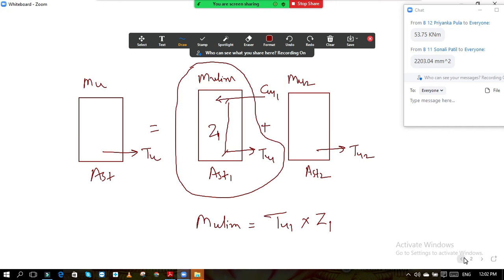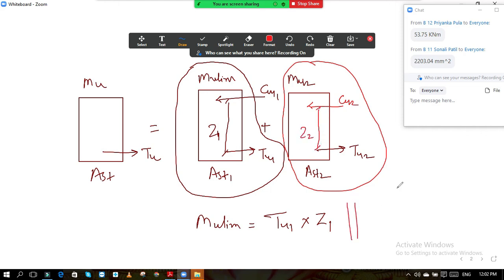Now similarly, if we go back to this diagram and think about this additional section, TU2 is here and CU2 may be acting somewhere here. The distance between these two is Z2. So similarly I can write MU2 is equal to TU2 into Z2.